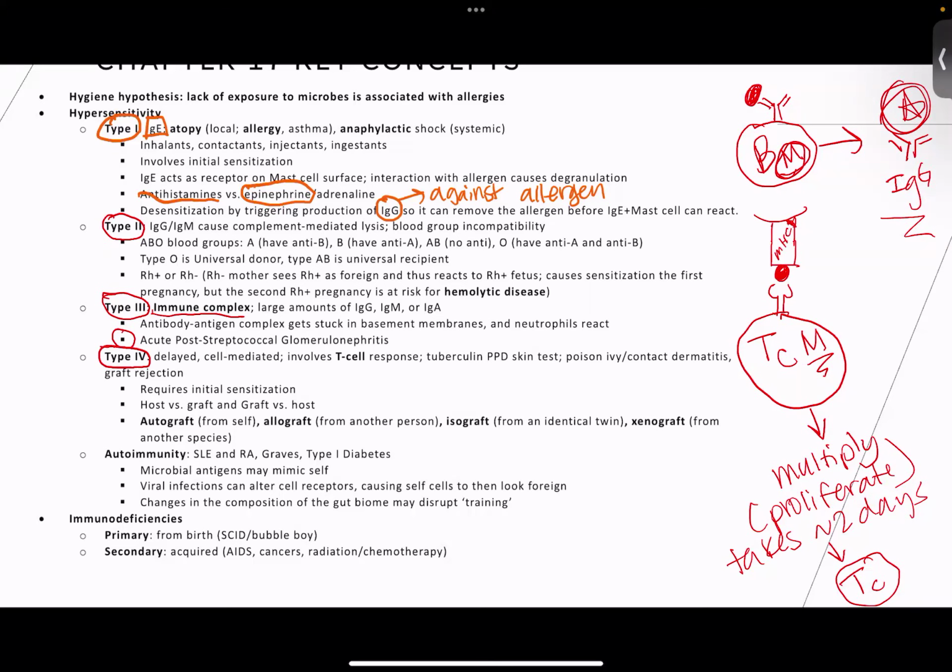So you would be mildly sick for a couple days. You wouldn't be immediately prevented from getting sick. So that's why we have to have both in our memory.